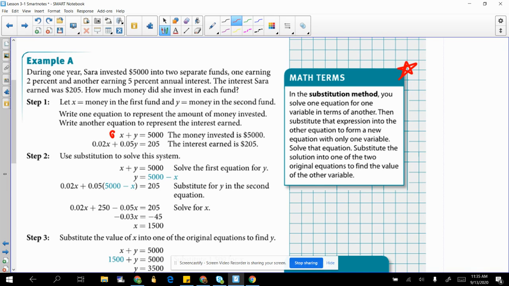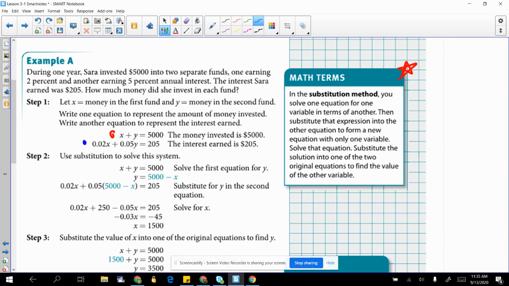Okay. Then the other one has to do with the interest rates and how much she earns in interest. So that's right here. It says 0.02x because we know in the first fund she gets 2% interest, and we use percentages as a decimal. And then in the second fund, she gets 5%, so that's 0.05y.